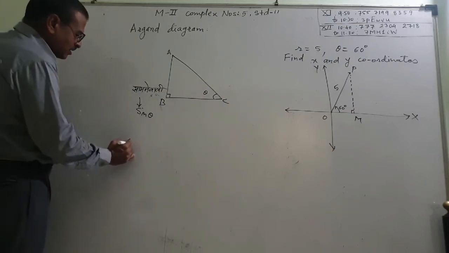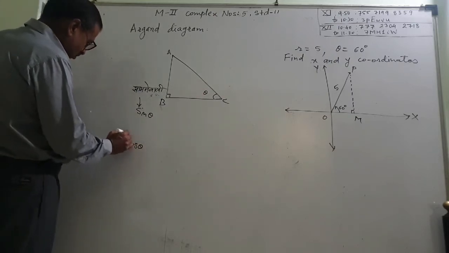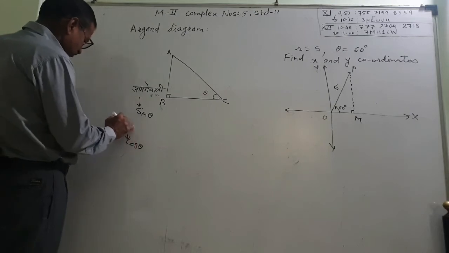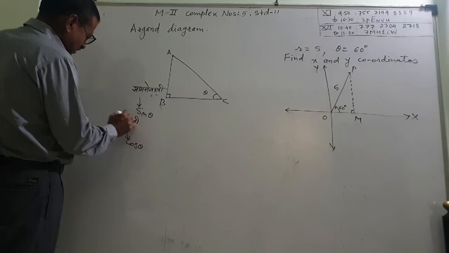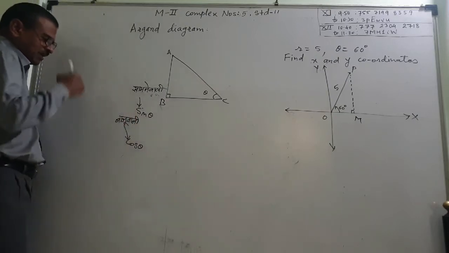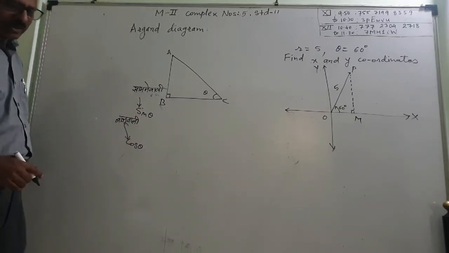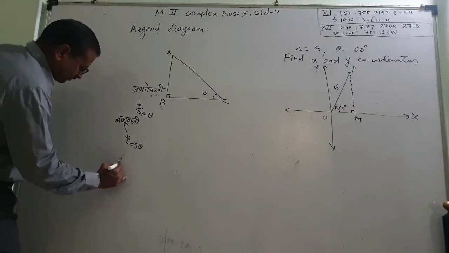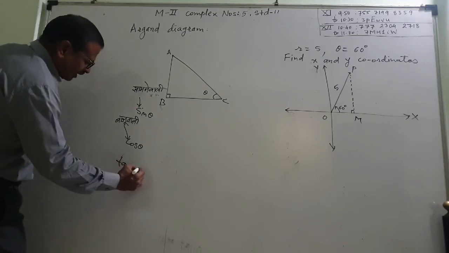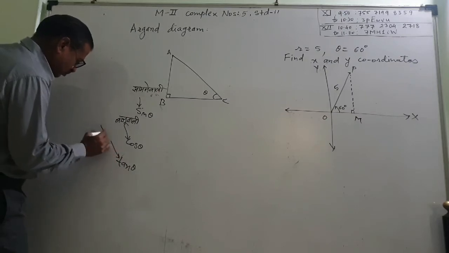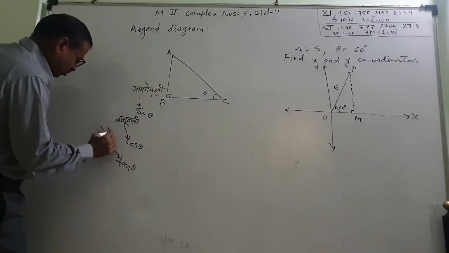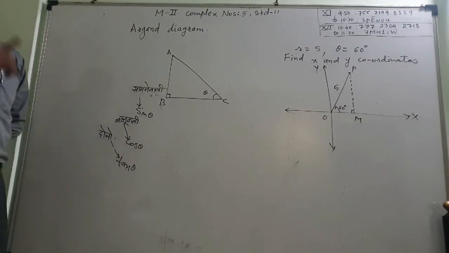I want to find cos theta. Cos यानी बाजू वाली. Sin, S stands for सामने वाली. Cos यानी बाजू वाली. Tan. Tan means दोनों. दोनों यानी कौन? सामने वाली भी और बाजू वाली भी.